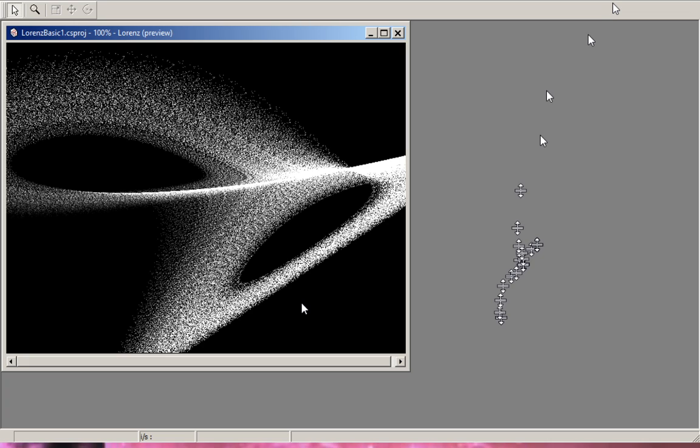Localhost. File. Session. Edit. View. Show scope. Audio. File. Open.